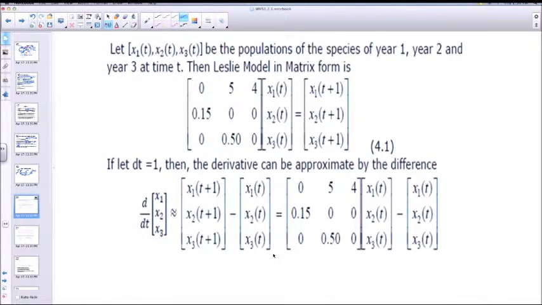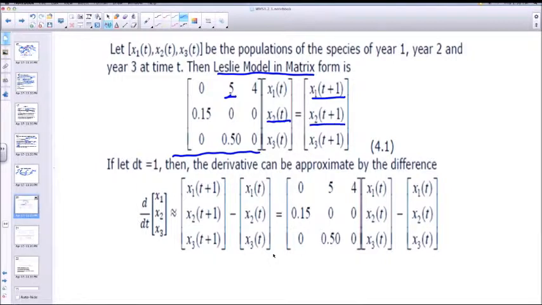You might still remember this matrix, we call it the Leslie matrix. It captures the relationship: the first year population equals 5 times the population of the second year at the last time, plus 4 times the third year.